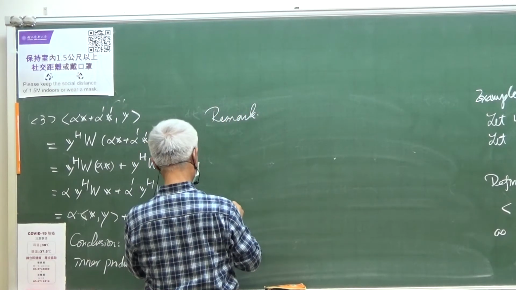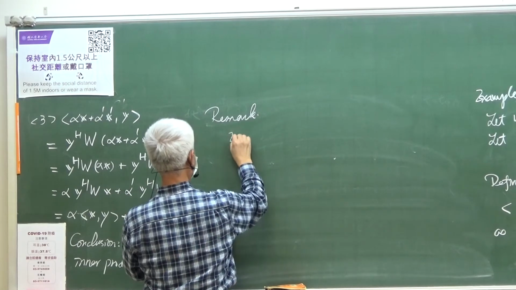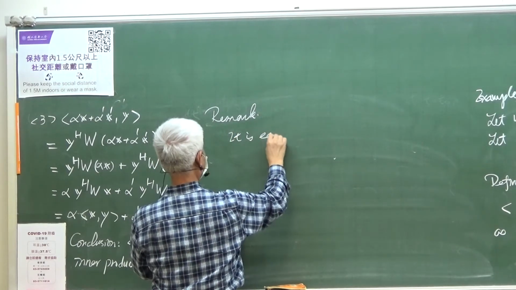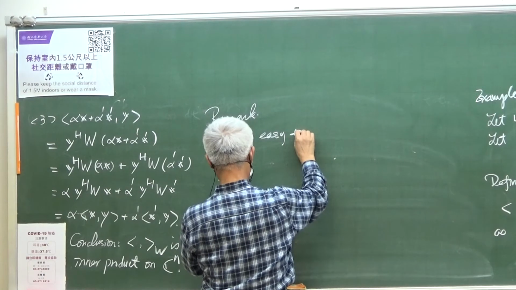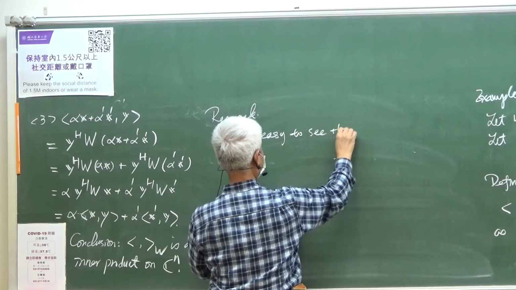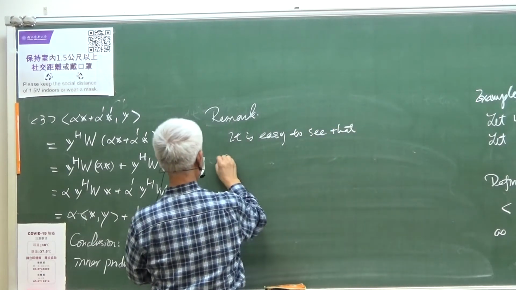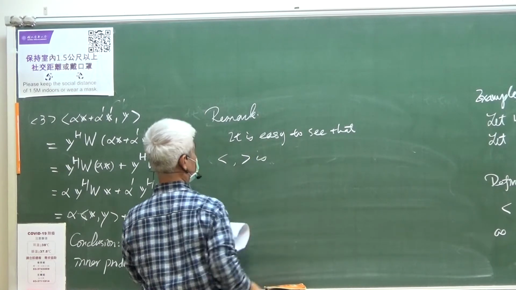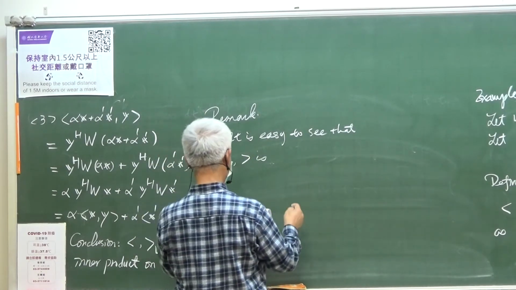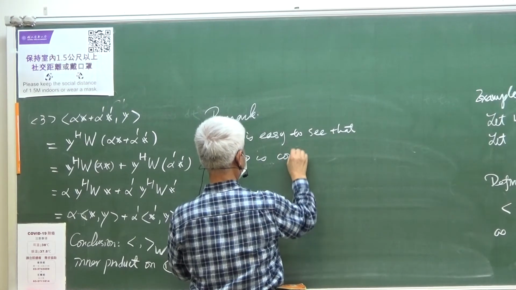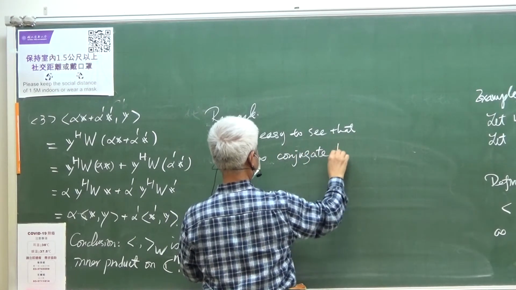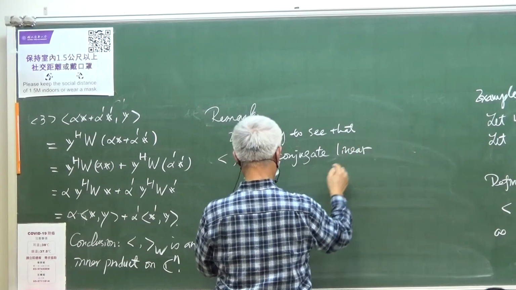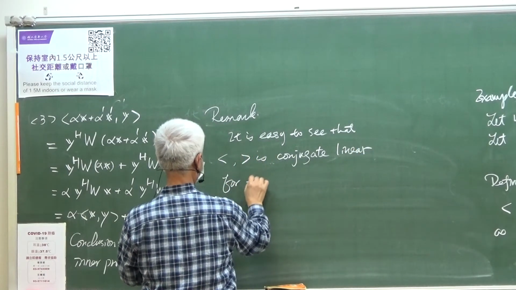Okay, it is easy to see that the inner product defined above is conjugate linear for the second argument.